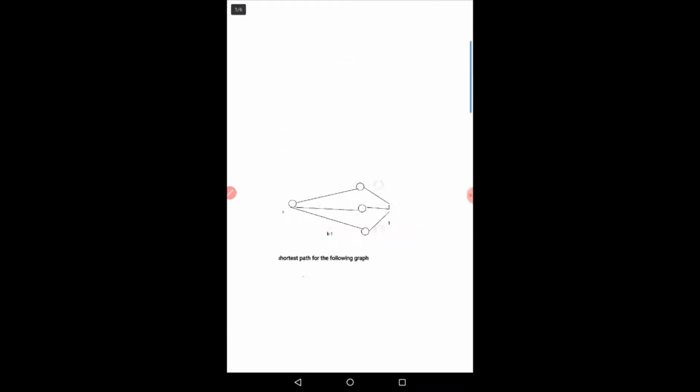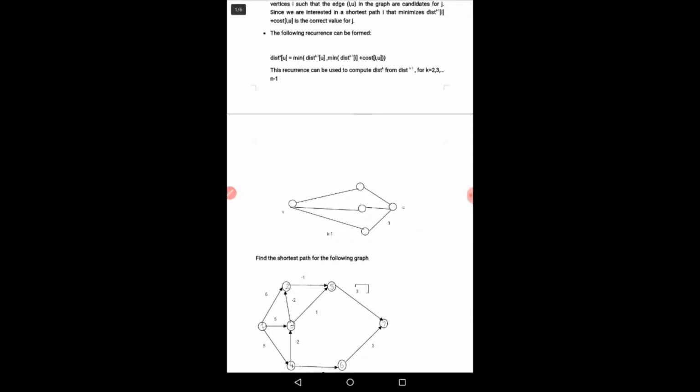So here now we can see this graph. In this graph, V is the source vertex and U is any other vertex. So from source vertex V, we have to find the distance to one of the vertices U using K edges. Suppose this shortest path has K edges.